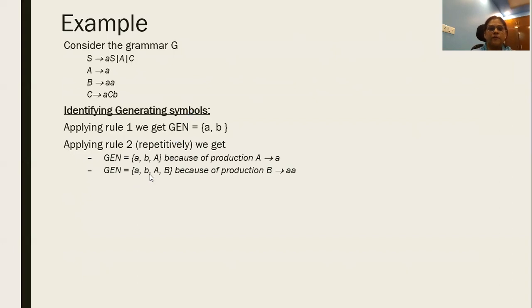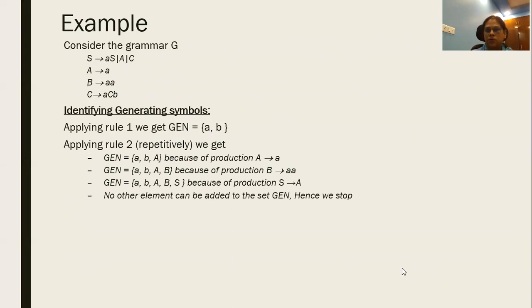So now we have a, b, A and B. Looking at another production, S derives A. Now we have added A to the set of generating symbols, so S is also generating. Now there are no other variables which can be added to this set. Hence we stop. And this gives us the set of generating symbols.